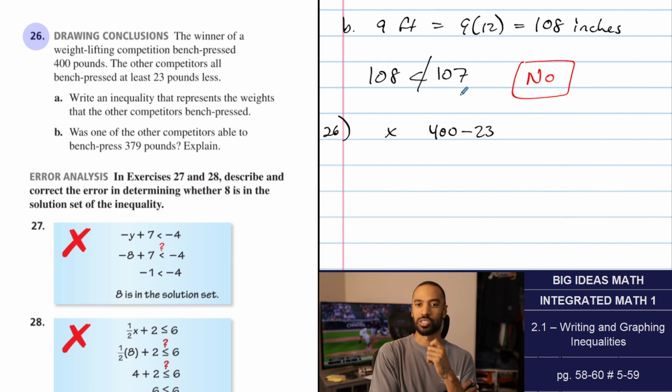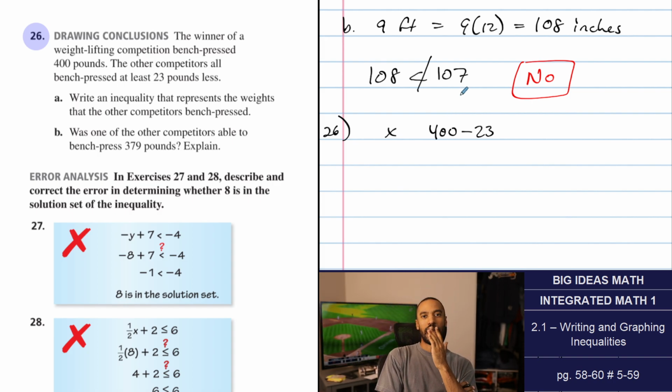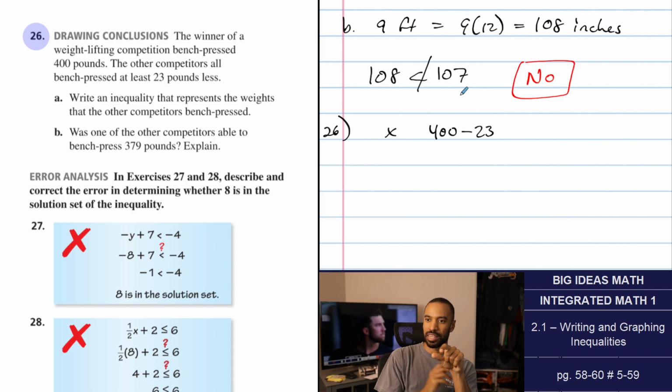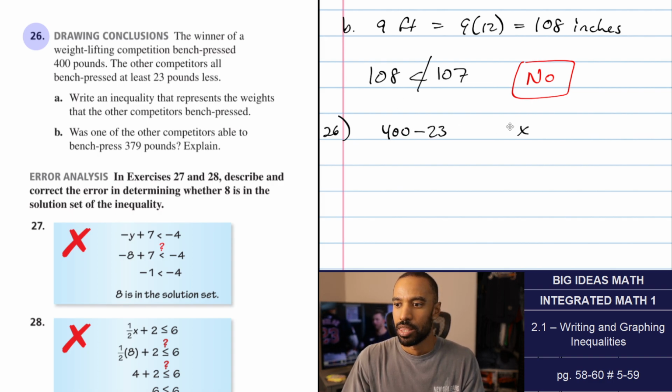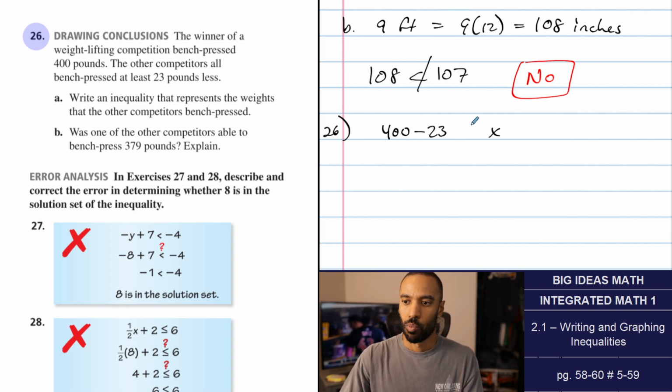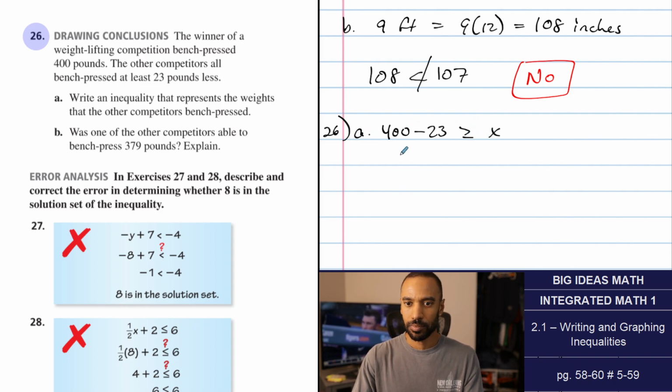Oh, geez. Hold on a second. So when it says less there, we did that. But at least in this case doesn't mean they did that many or more. So let me do a slight revision on this. The amount that they bench pressed was at least this much less than that. So this is one way to write it to begin with.